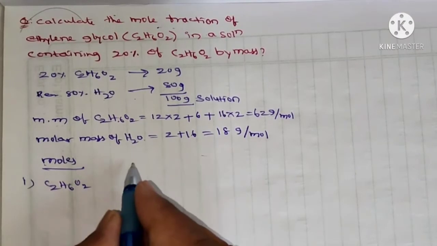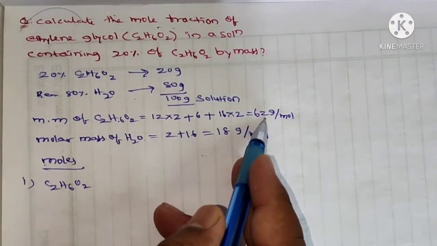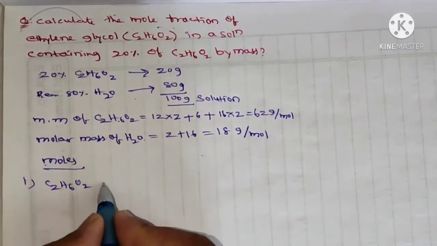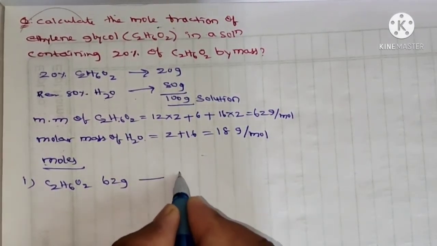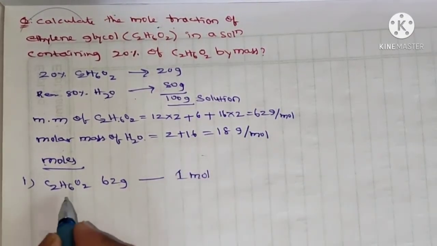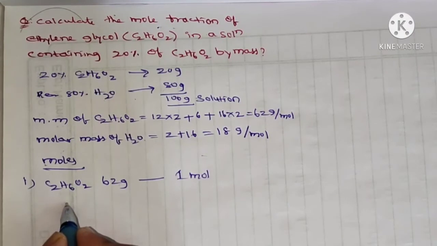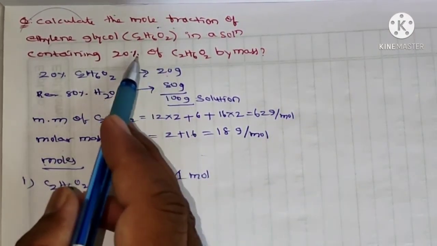C2H6O2, how many grams? Molar mass 62. So 62 grams is equal to 1 mole. Then ethylene glycol, how many grams? Only 20 grams.